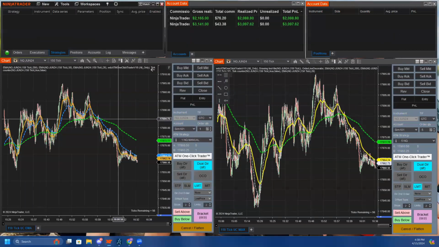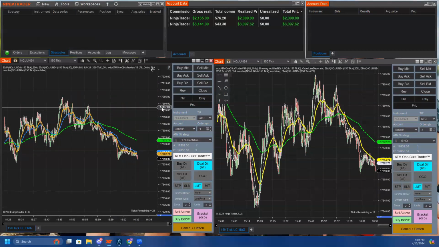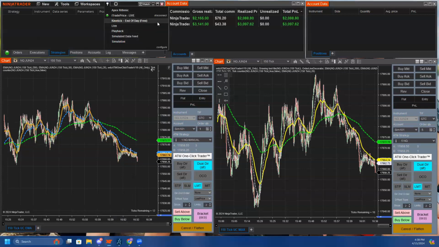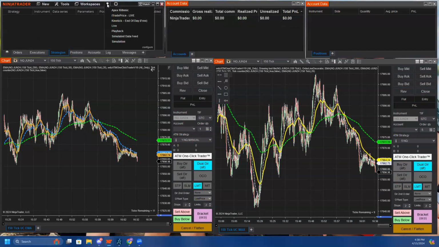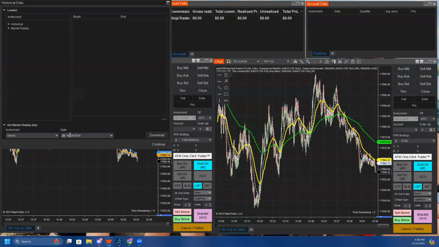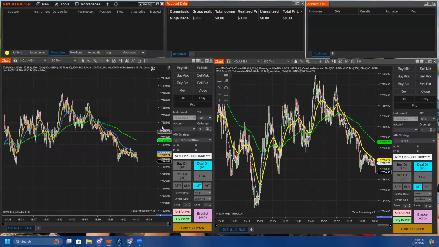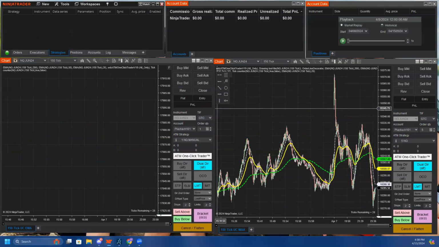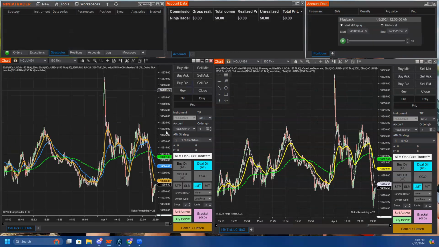So today, one more thing I also wanted to share was the ATM template, right? So for example, let's just go in a playback. Let's play back today, maybe, since it was a nice trendy type of day, right?